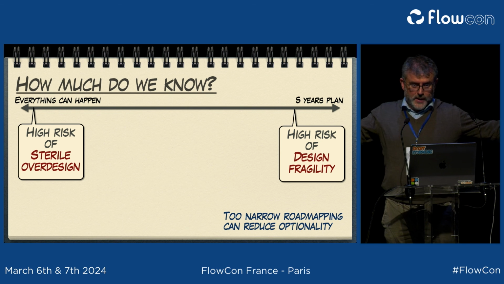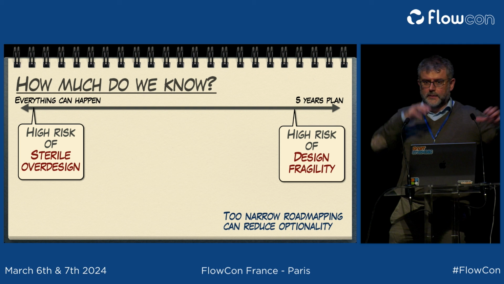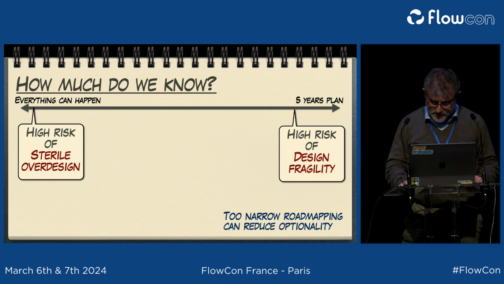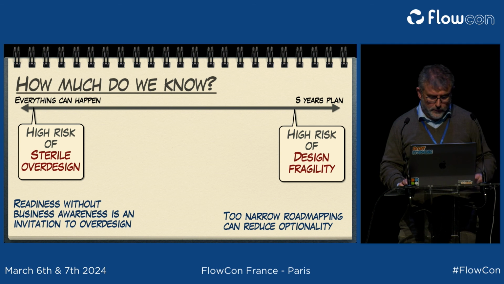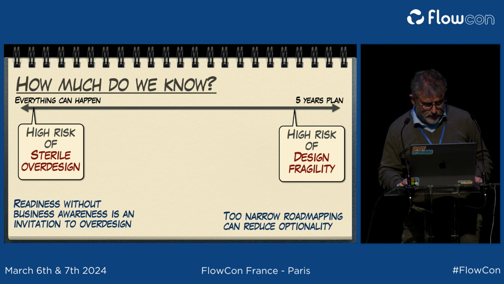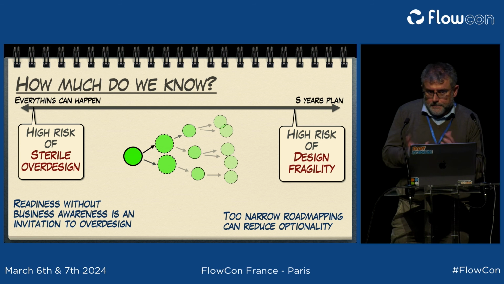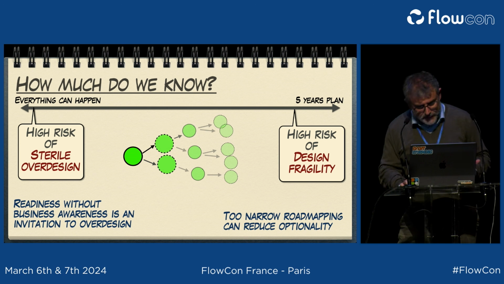If we do nothing, we have to be ready for everything. This is where your architects start to over-design, adding indirection layers, because maybe the customer would ask for this stuff. They have no idea. They are totally getting ready for alien invasions or anything like this. But there is something in between. It's not black and white. It's relatively predictable.